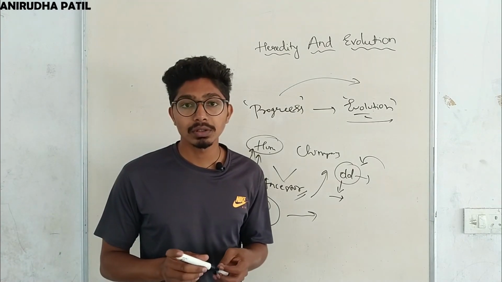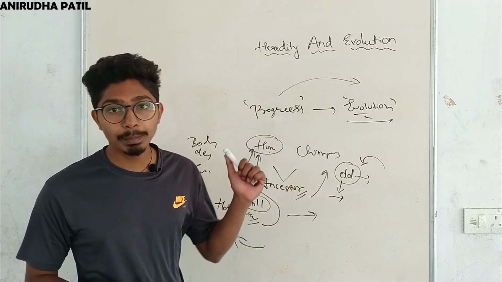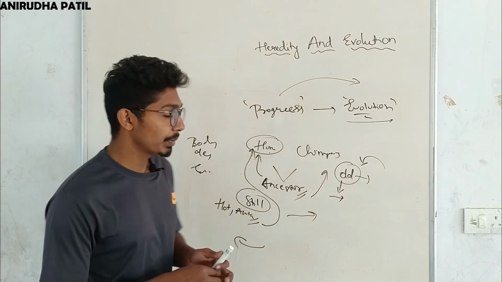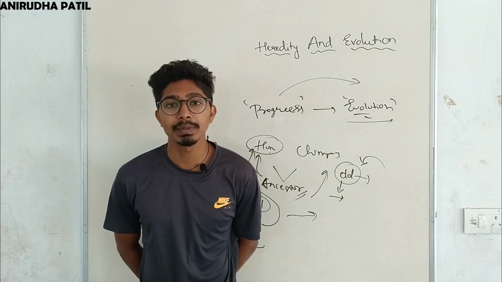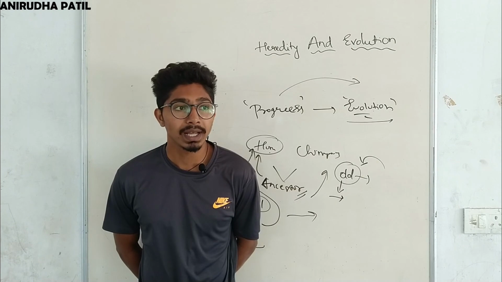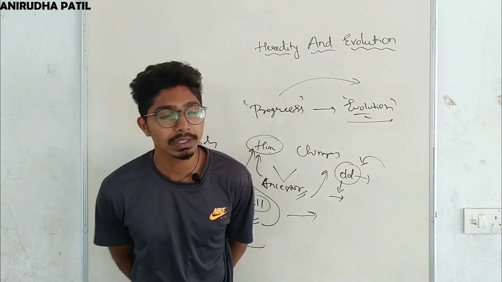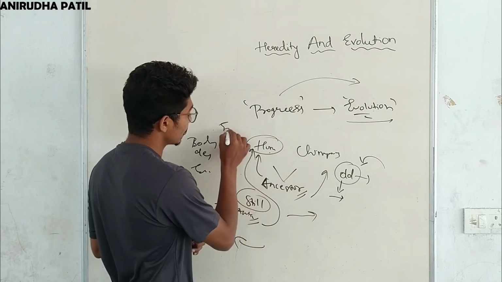But remember one thing, evolution does not mean that the ancestors of the beings which are present now are not capable to live here. They are capable, but due to some other reasons they are low in quantity and are going extinct.